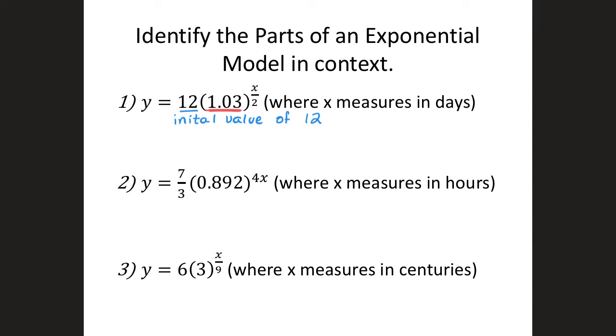Because my multiplier is greater than 1, in fact, 0.03 greater than 1, this means this is going to be a 3% increase. And then the fact that my x is being divided by 2 means instead of happening each x value, this is going to happen every 2 x values. In this case, every 2 days. So this change happens every 2 days.